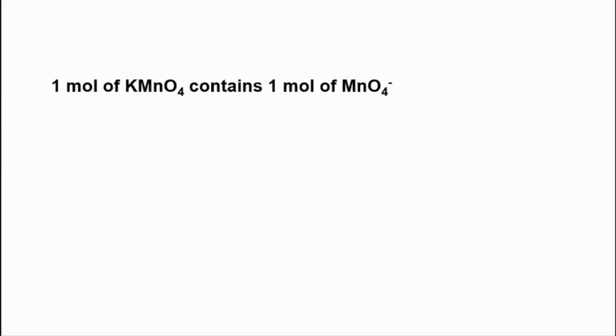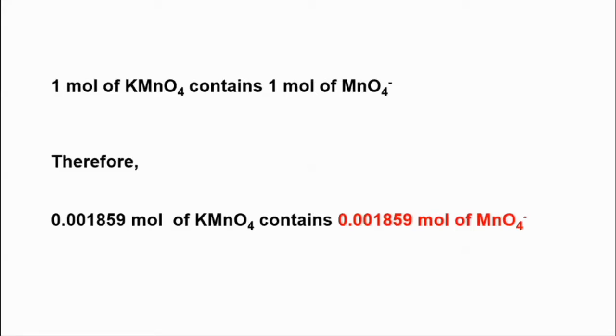And we know that in the redox reaction, permanganate ion from the potassium permanganate undergoes reduction to produce manganese 2 plus. Since 1 mole of potassium permanganate contains 1 mole of permanganate, 0.001859 moles of potassium permanganate contains 0.001859 moles of permanganate.